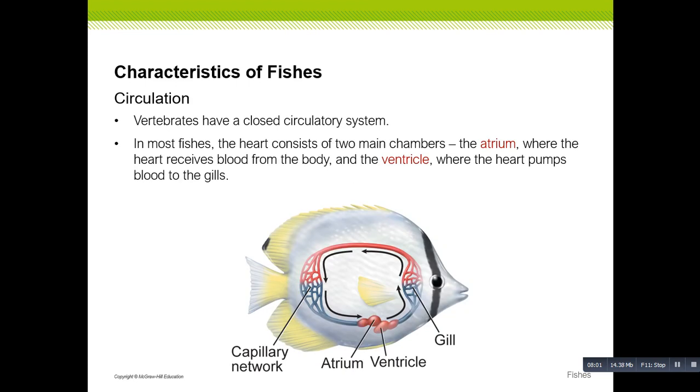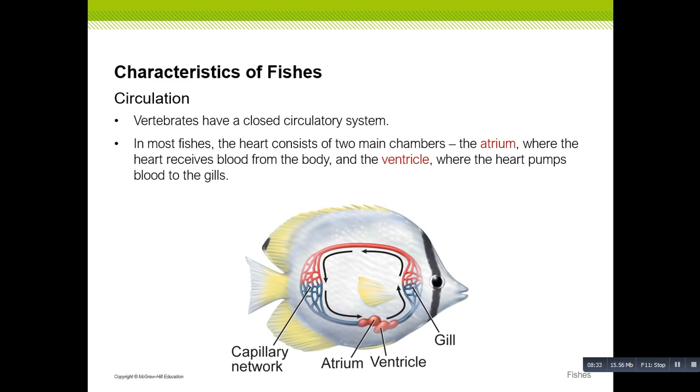Now, with an increased need for oxygen, we're also going to need a better method of circulation to efficiently move that oxygen where it needs to go. So unlike many of our invertebrates, vertebrates are going to have a closed circulatory system. They are going to have a heart and they are going to have blood vessels. Now you and I, our closed circulatory system has a 4-chambered heart.